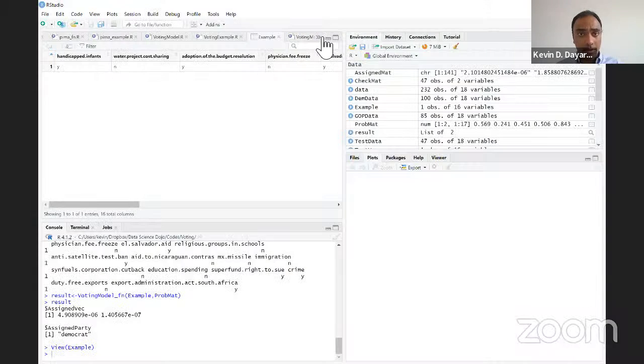So let me do this right now. I will share the code with you. Basically, those probabilities, what we are doing now is plugging into the normal density function.